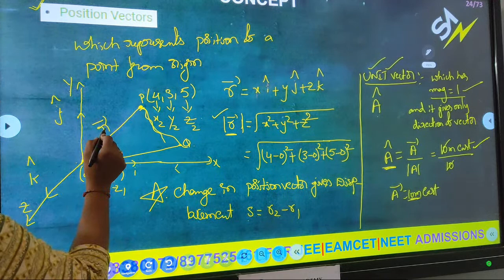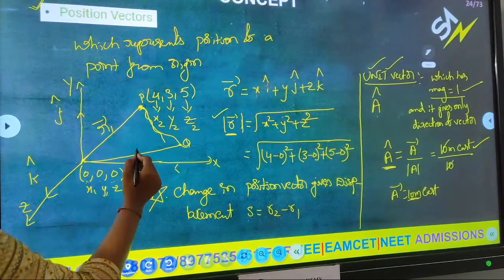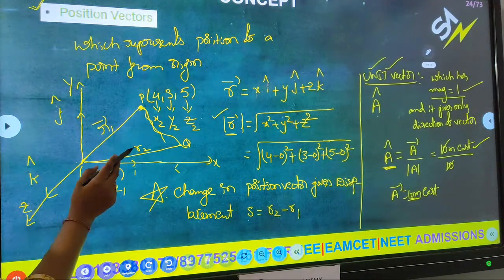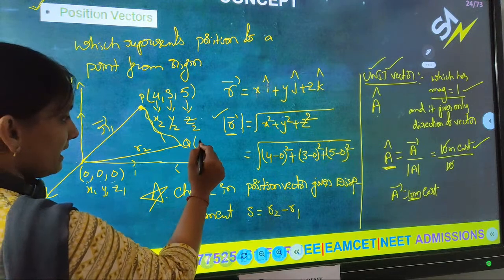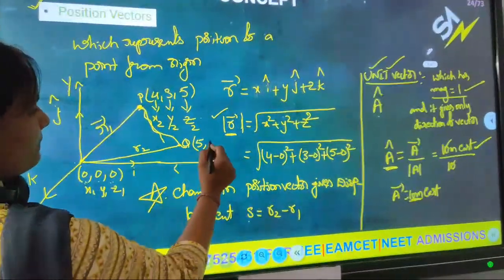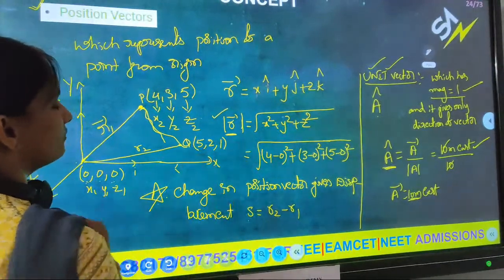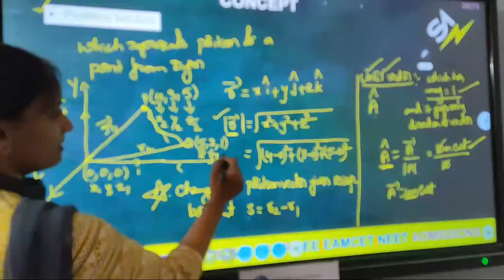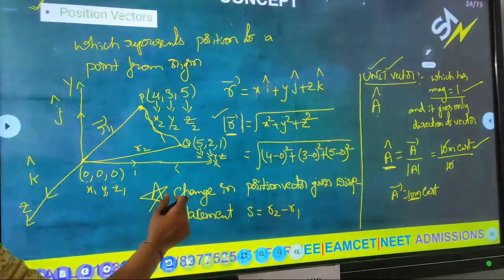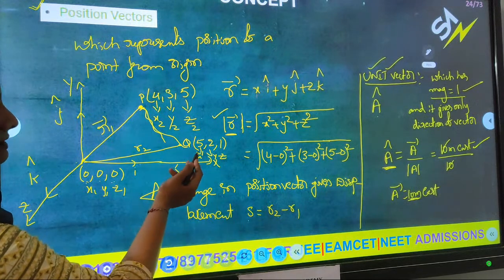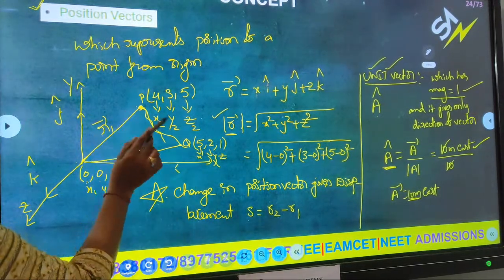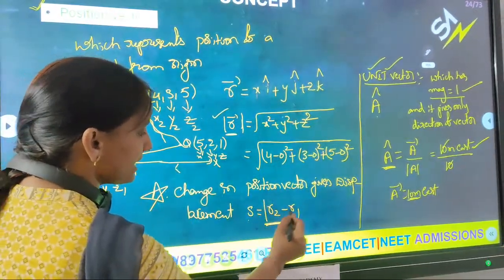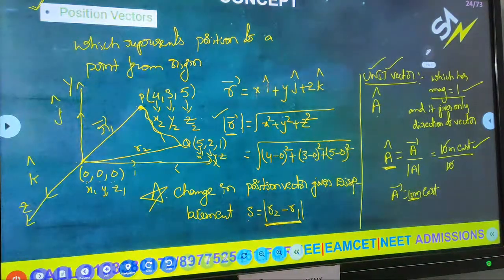The initial position vector we take as r1, and finally at this point its position vector from the origin is r2, with coordinates 5, 2 and 1 along x, y and z. So if they ask for the displacement of the particle by changing its position from P to Q, you need to take the magnitude of r2 minus r1.